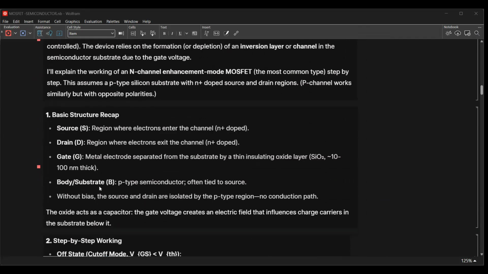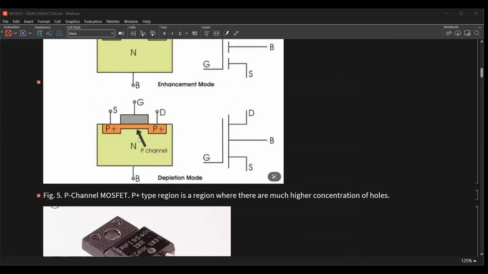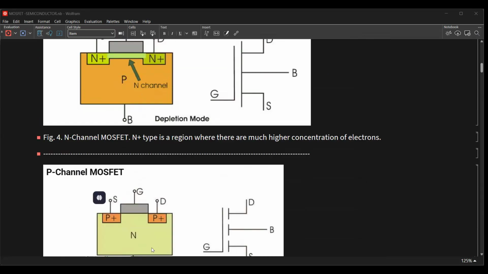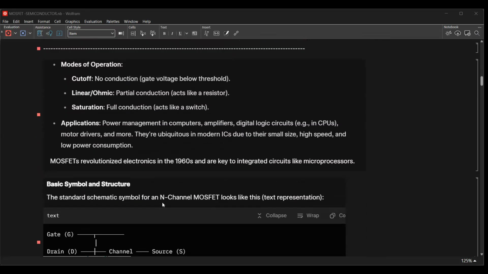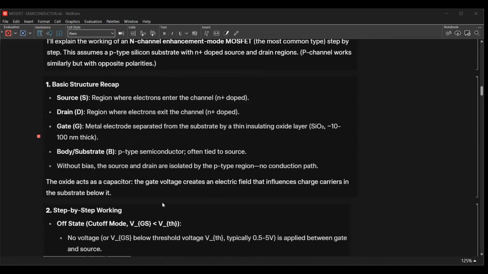The body, or substrate B, is the P-type semiconductor, often tied to the source. So we have the substrate here. We have also the P substrate and we have the N regions here.